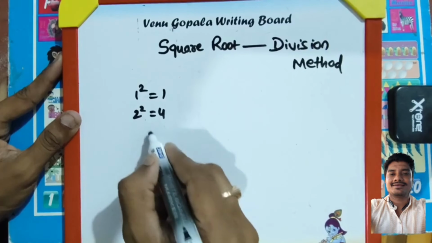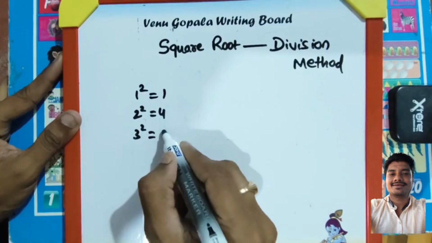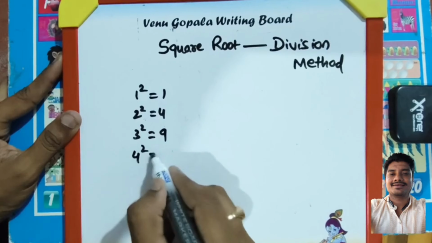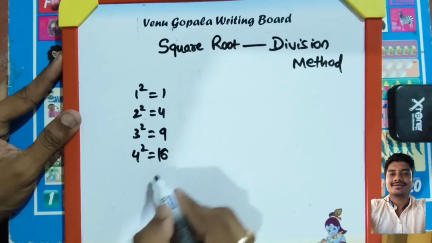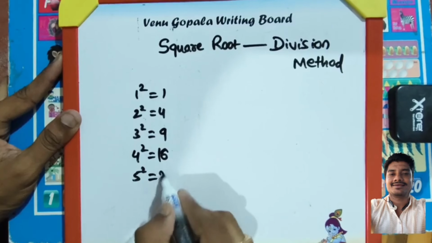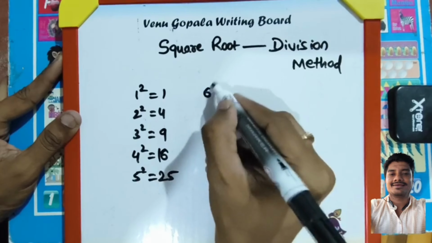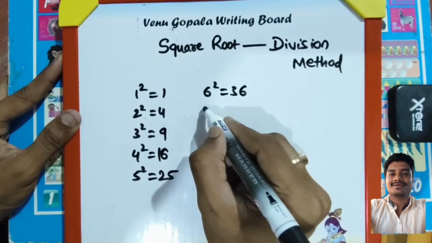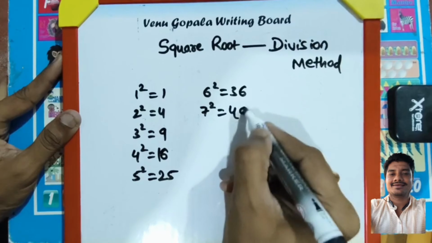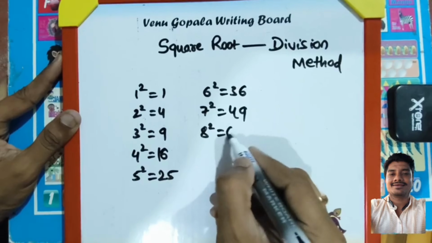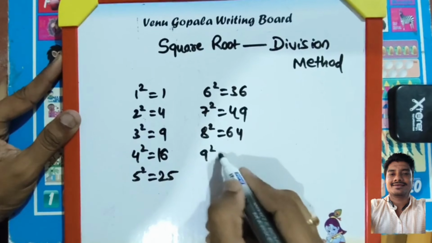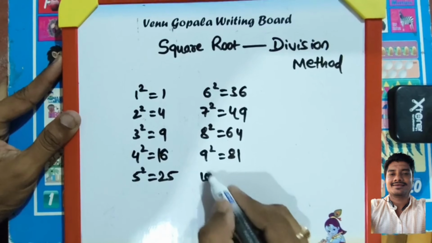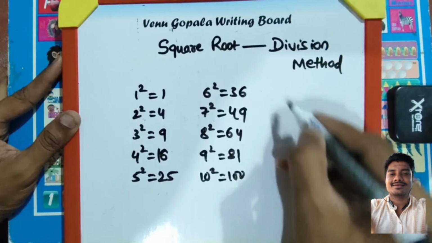1 square is 1, 2 square is 4, 3 square is 9, 4 square is 16, 5 square is 25, 6 square is 36, 7 square is 49, 8 square is 64, 9 square is 81, 10 square is 100.